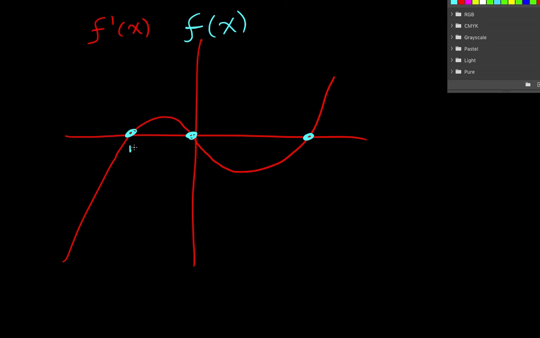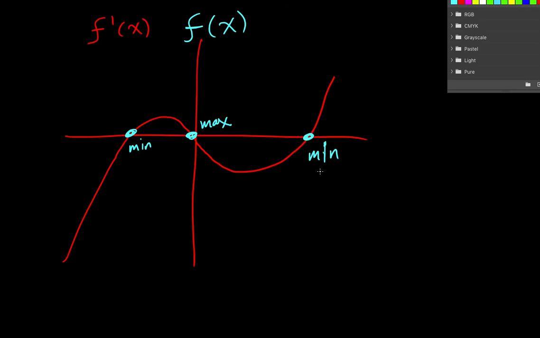So this one is a min. And then this one, we're above the x-axis, so that means positive slope. So if we're going up and then down, that's going to be a max. And then this one, below the x-axis means we're going down, and above the x-axis means we're going up. So we go down, then up. This is a minimum, local minimum.